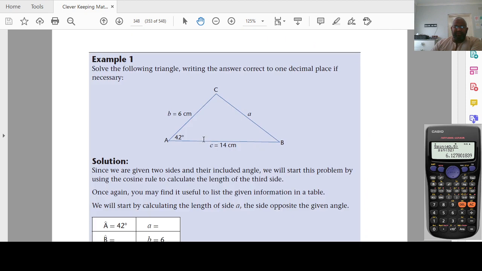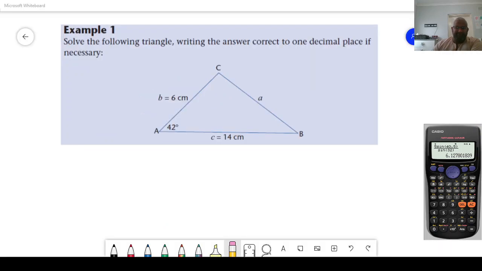So now we're going to look at a couple of examples dealing with the first type, two lengths and an included angle. Okay. So now we're looking at example 1, and example 1 is on page 348.